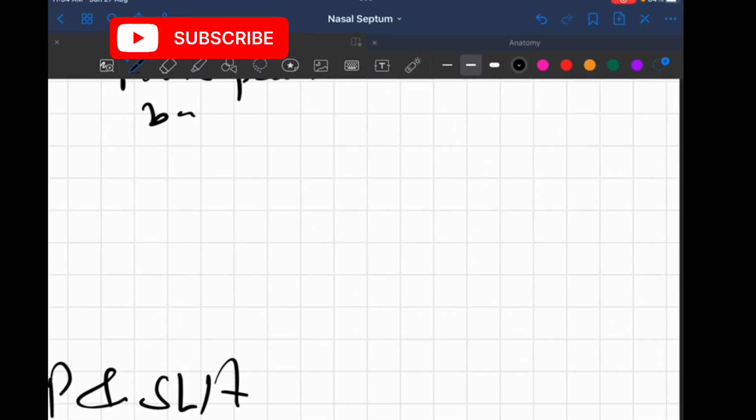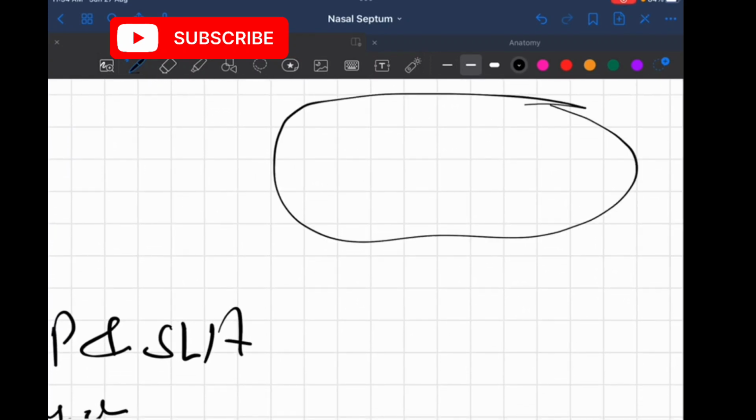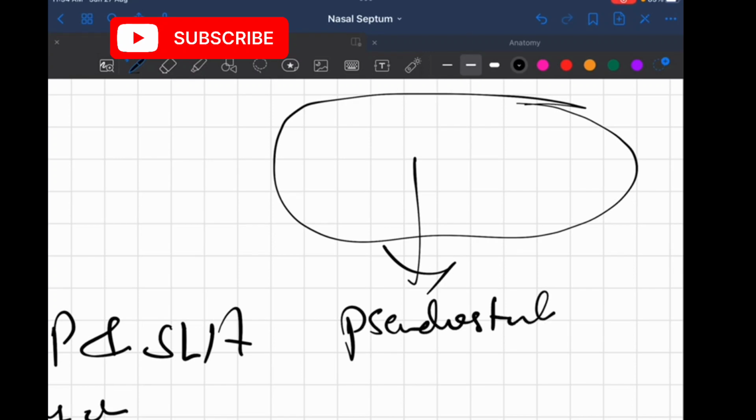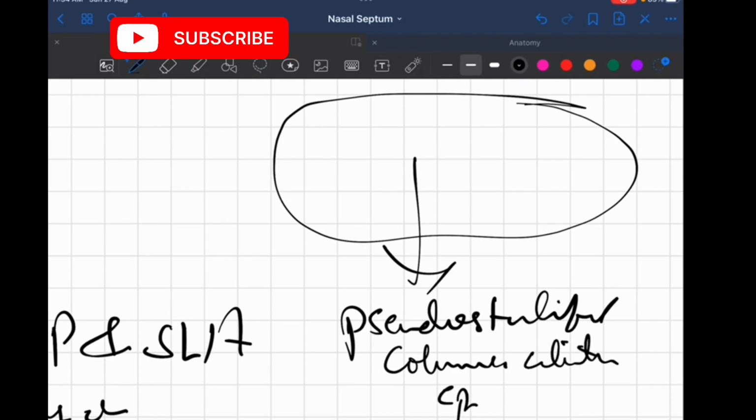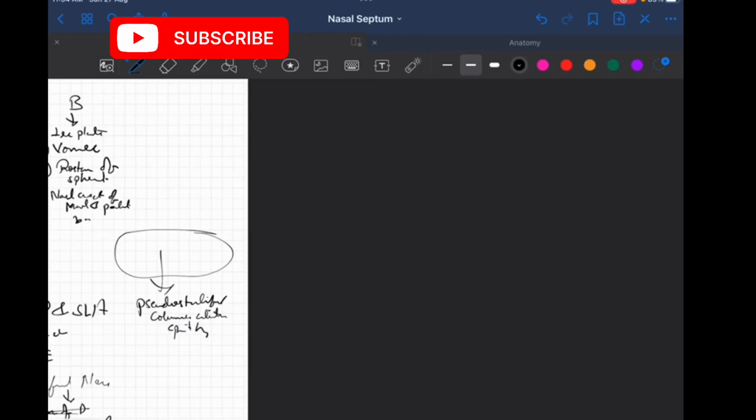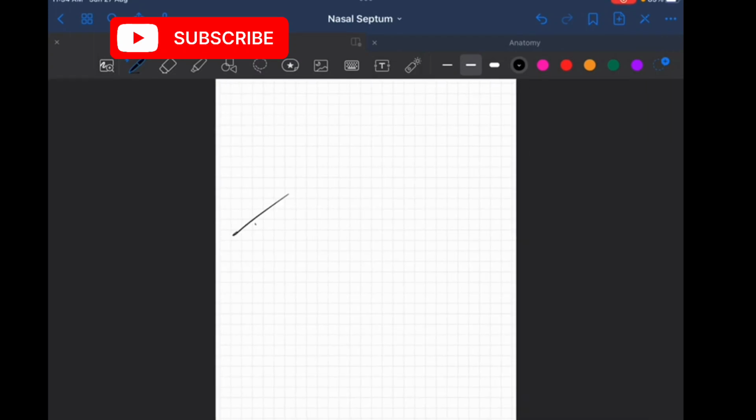As we know, the septum is lined by pseudostratified columnar ciliated epithelium. Thank you.